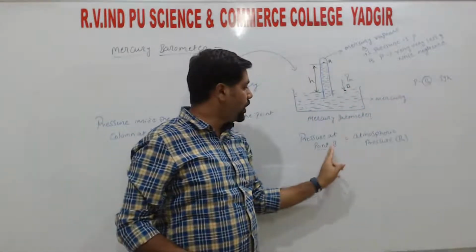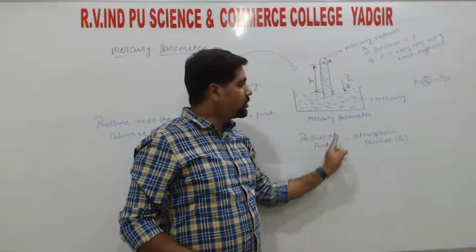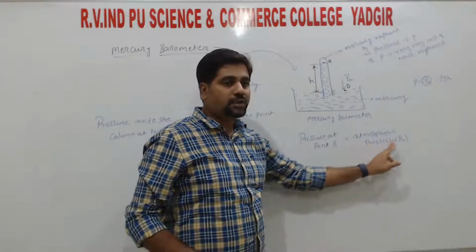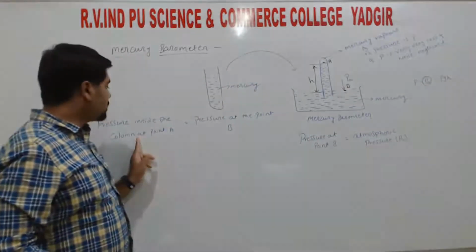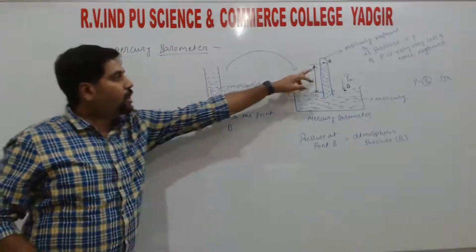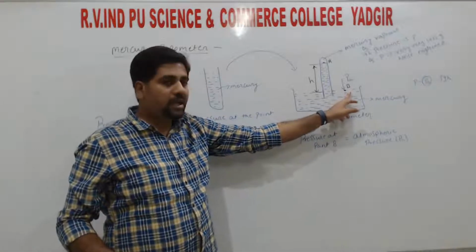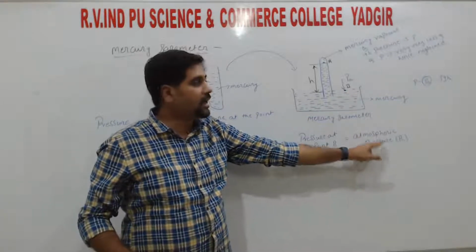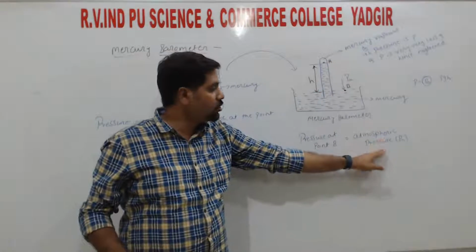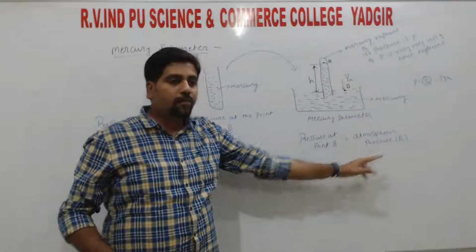So the pressure acting at point B is the atmospheric pressure PA. Hence the pressure inside the column at A is equal to B, which is equal to the atmospheric pressure.